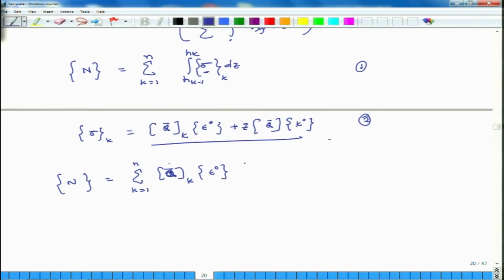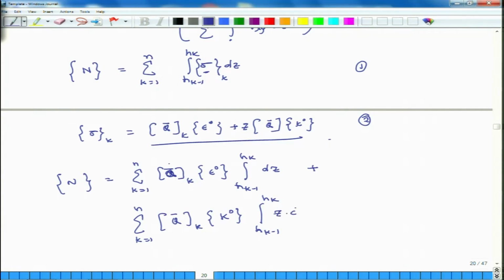So, there has to be an integral here, h k minus 1 to h k dz, plus the second component, summation k is equal to 1 to n, Q bar matrix for the kth layer times curvature at the mid plane times integral h k minus 1 to h k z times dz.